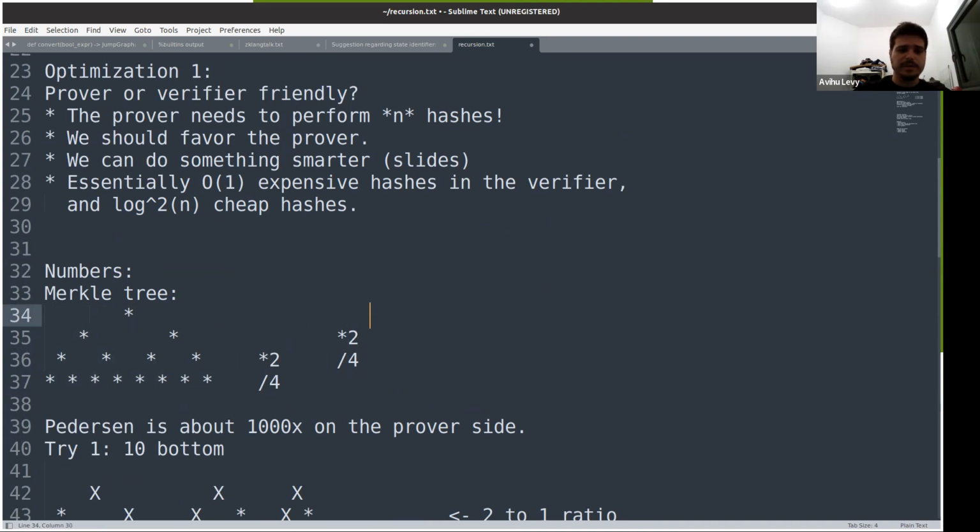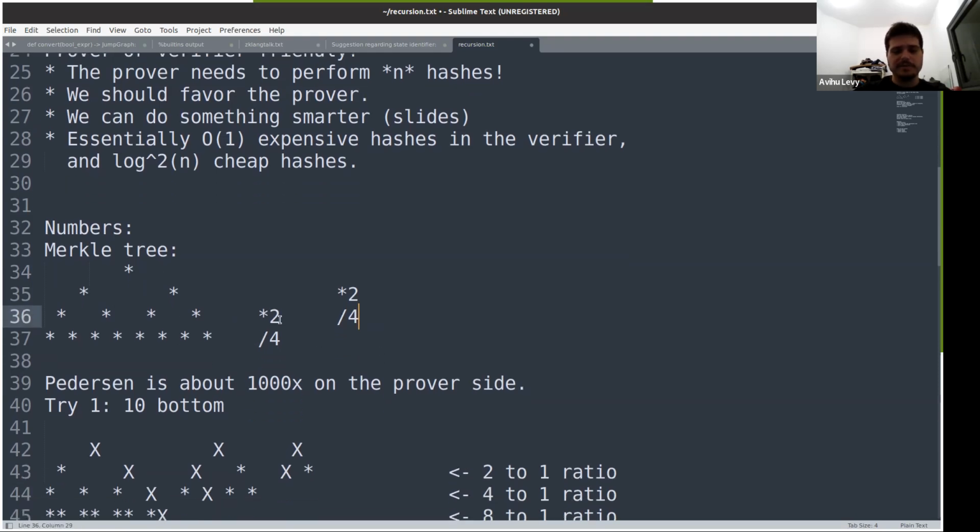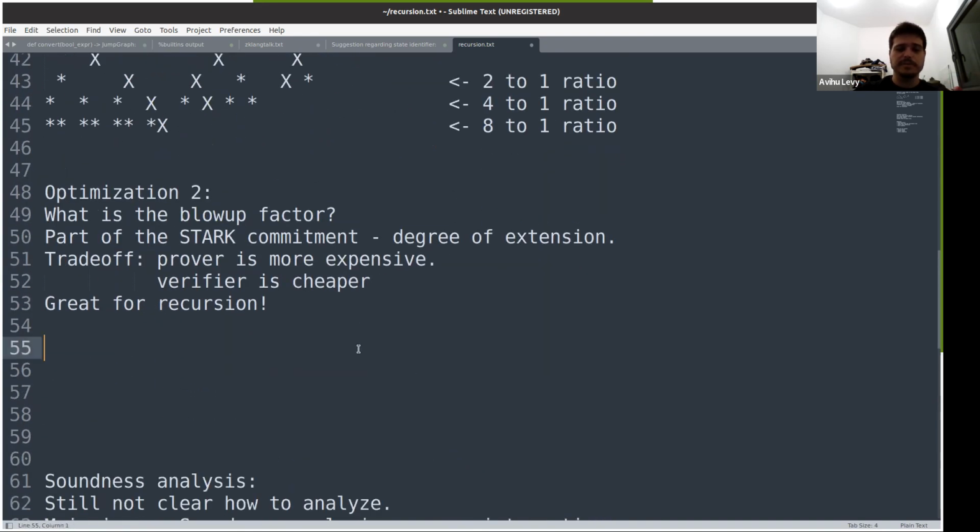And then we can do the same here. Here we don't do this, because we want the verification to be very cheap here too. So overall we save on the proving time on almost all the nodes, while still making the proof at the end not bigger, or almost not bigger.